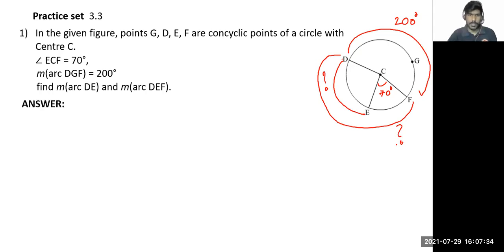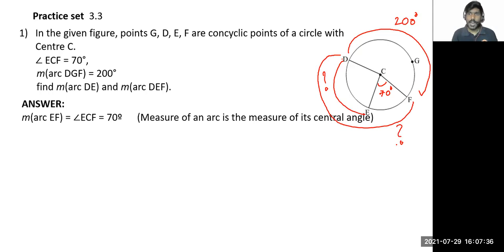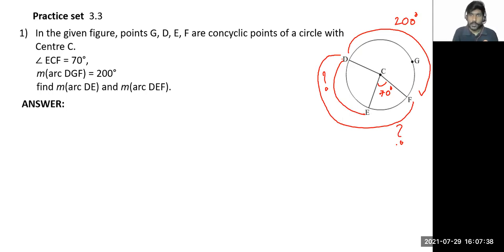This is very simple. But first, look at this thing. ECF is a central angle, and that is 70 degrees. So which is the arc corresponding to central angle ECF?